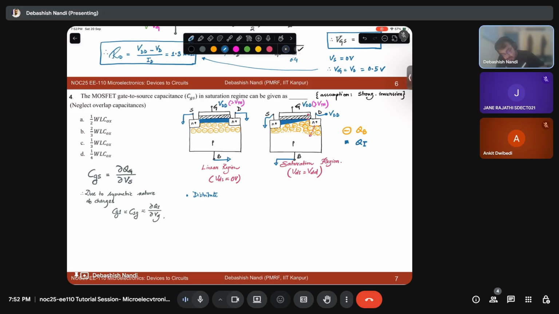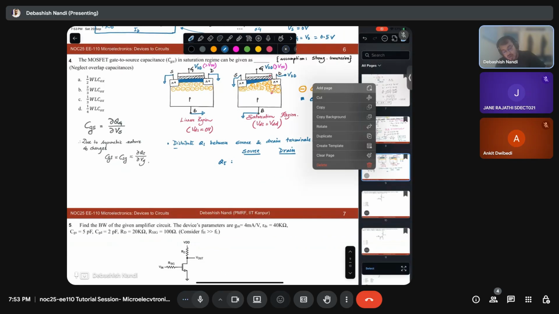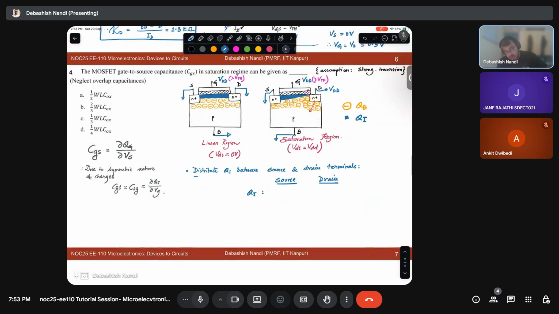So if I tell you to distribute QI between source and drain terminals. Okay. Let's say source, drain, QI. In terms of percentage, can you tell me how much percent will you distribute in this case? In case of, let's say, linear case?